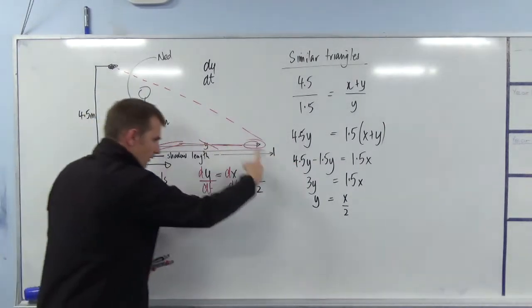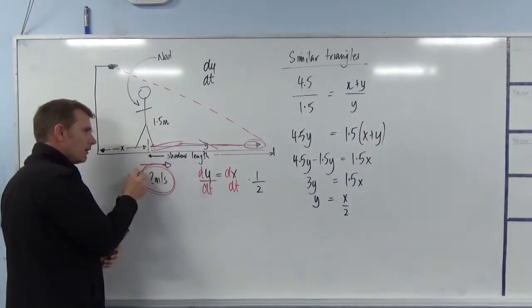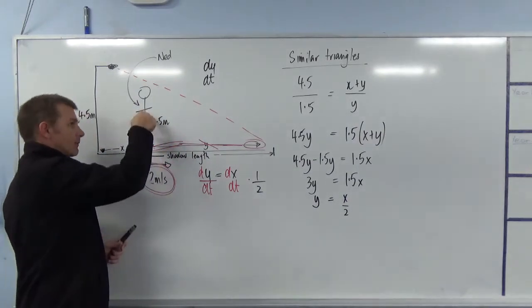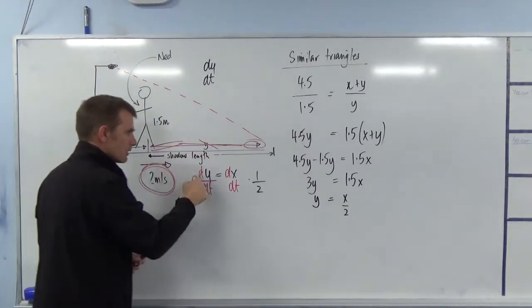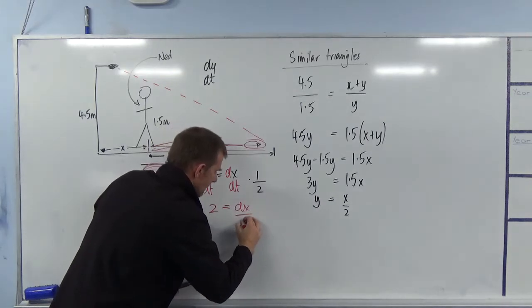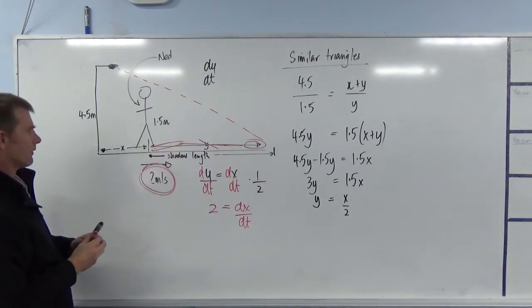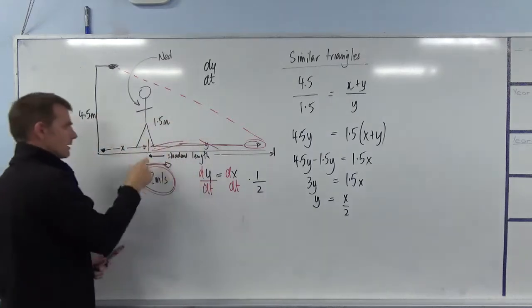So then once I've got that, I can recognise that this right here is the speed that the person is walking. So that's dy/dt. So dy/dt here is actually equal to 2... Oh, I think I've got this the wrong way around. No, start again.